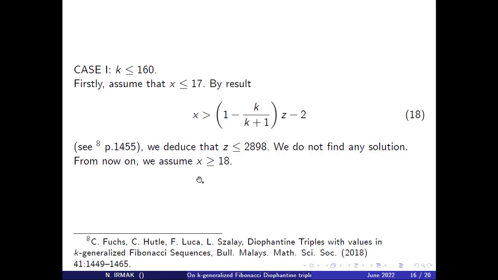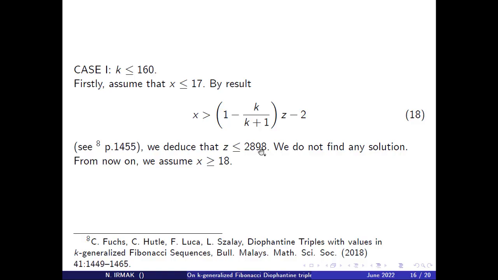From now on, we separate two different cases. In the first case, we assume that k is at most 160. First we assume x is at most 70. By the result of Fuchs, Hatzel, Luca, and Salah, which gives the inequalities 18, we deduce that it is at most 2,898.